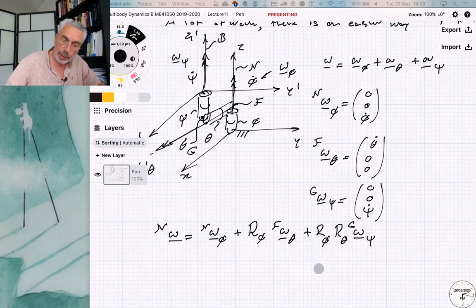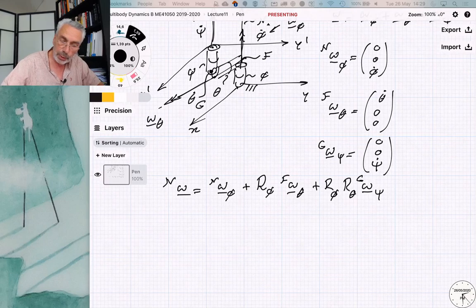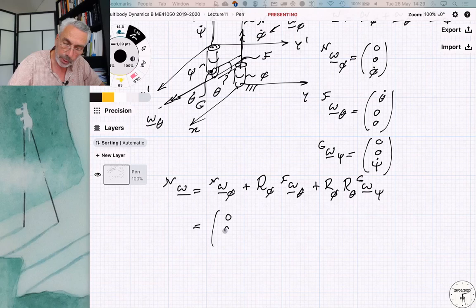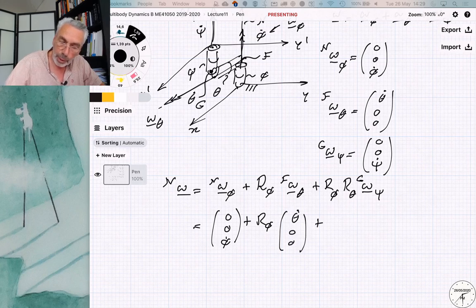So now we have written out how these angular velocities go. If we put in all these 3 vectors, I will rewrite it again. So we get 0, 0, phi dot, plus, I'm not going to write out this matrix, but I'm going to put the vector here, theta dot, 0, 0, plus, and then we get R phi R theta times 0, 0, psi dot.